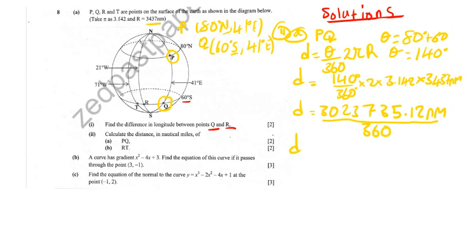So your distance will be equal to, when we divide this by 360, 8399.264222 Newton miles, like that.